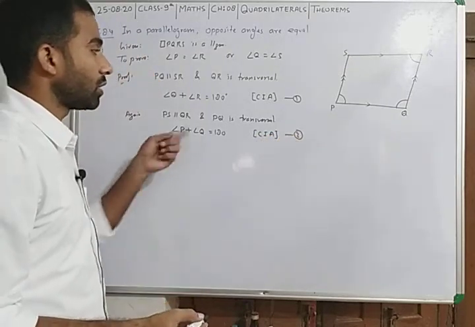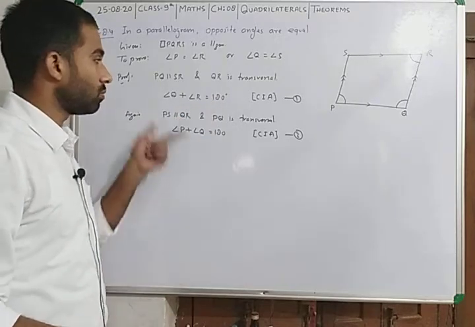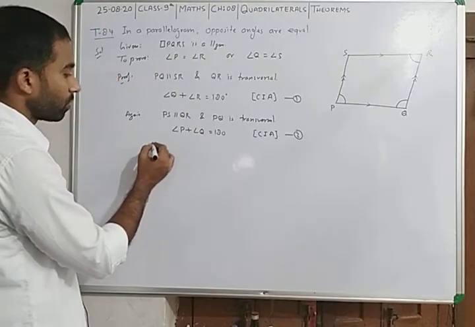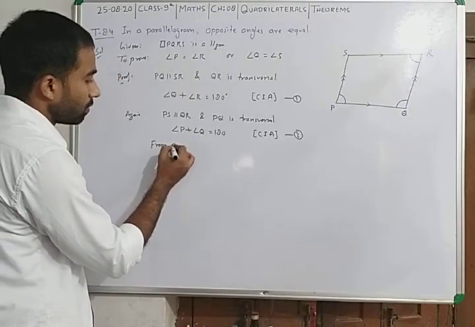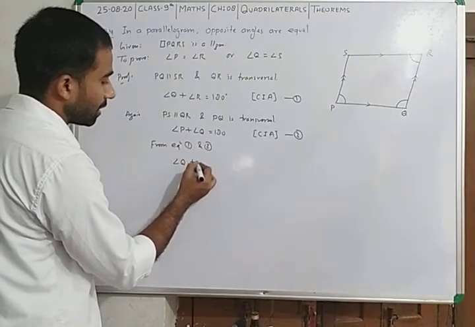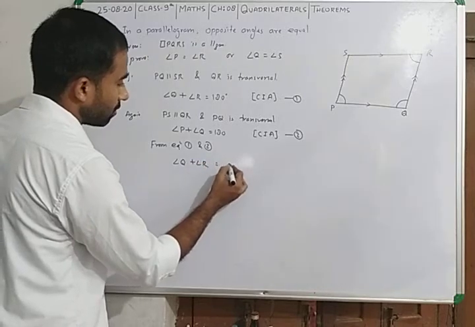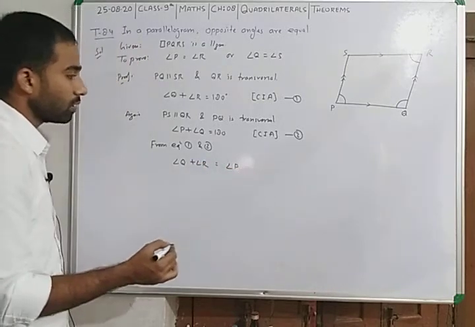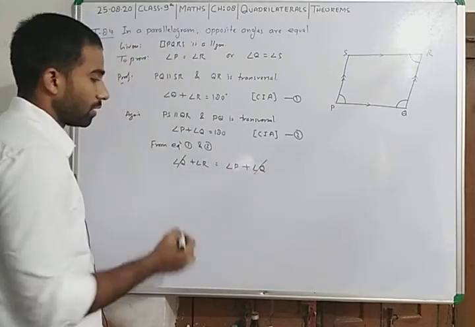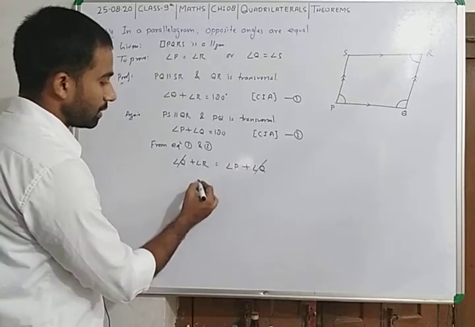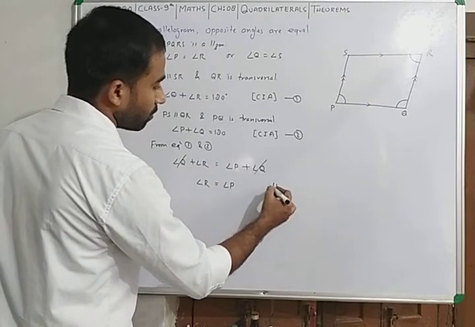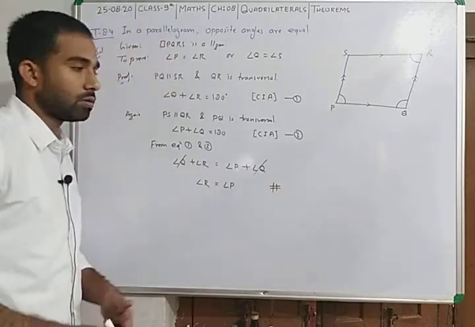Both the equations are equal to 180 degrees, so both the angle sums are equal to each other. So from equation 1 and 2 we can write angle Q plus angle R is equal to angle P plus angle Q. Angle Q cancels from both sides, hence angle R is equal to angle P. Proved. I hope you understood.